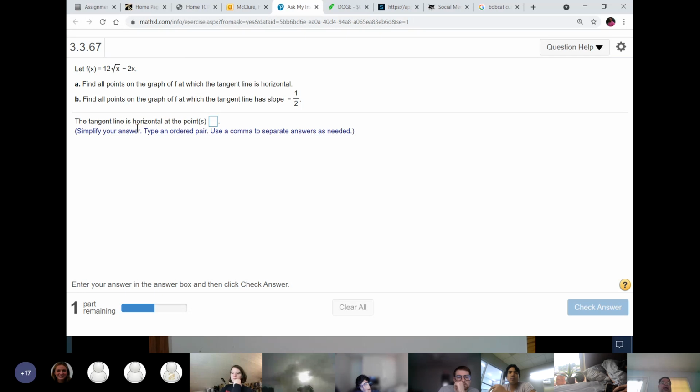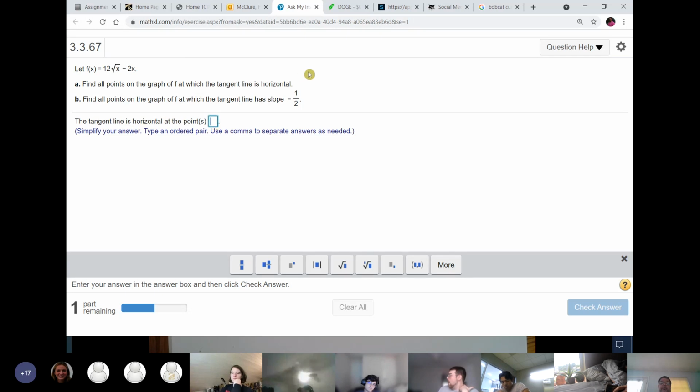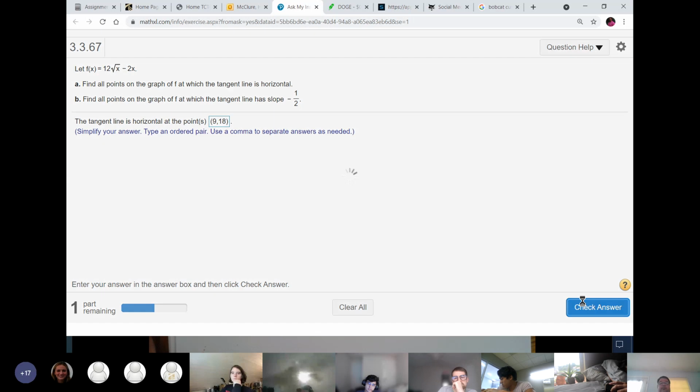The tangent line is horizontal at the points, well, I'm going to put parentheses (9, 18), close parentheses. That should be your answer.